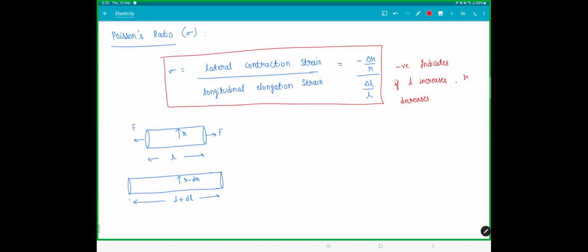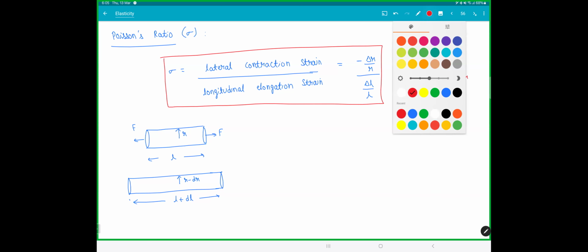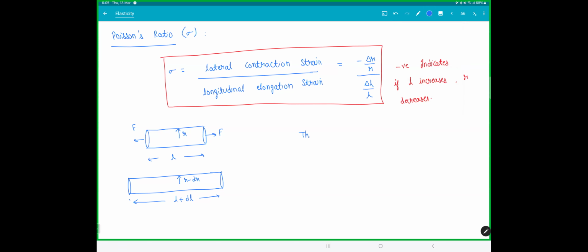There's really not much on this. There's one numerical and one theoretical question. Theoretically, the value of sigma can lie between 0.5 and -1. But a negative value doesn't make sense, because if sigma is negative, it means that when the length is increasing, even the radius is increasing.